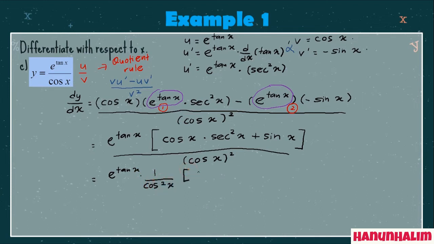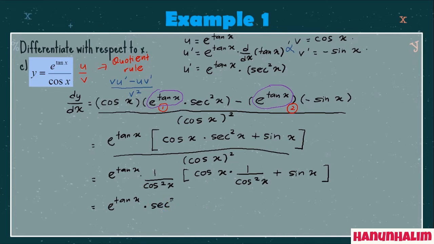Okay, lepas tu yang dalam ni kita ada cos x times sec squared, dia 1 over cos squared x plus sin x. Okay, so e tangent x darab dengan 1 over cos squared. 1 over cos adalah secant.